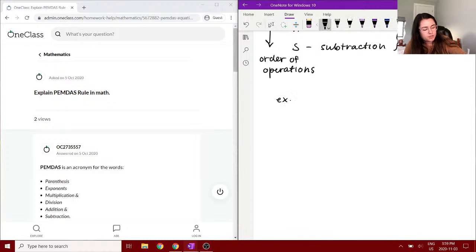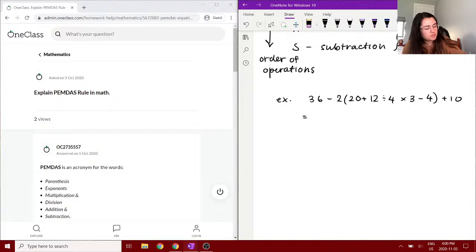okay? So if we have this given to us, plus 12 divided by 4 times 3 minus 4 plus 10, you want to look at which part of this, I guess I'm going to call it equation, you're going to work on first, okay?